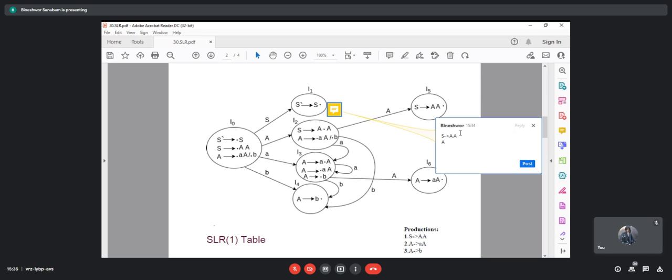So we're going to bring the production of the next symbol after the dot, that is A. Okay. So it becomes dot a plus dot b. So the production of A. Similarly, if we consider the next one, that is A, here a dot A. So here we have to bring the production of A again.